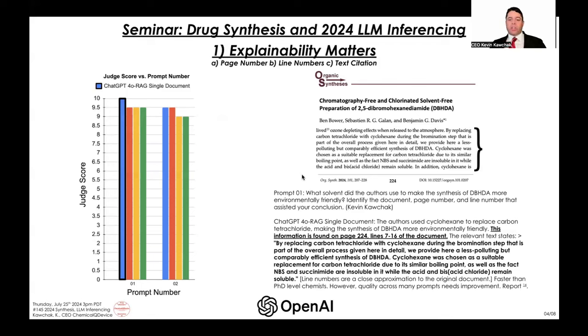So again, you can check in literature too, and these same types of things are happening. I don't know if they've experienced this level of success of explainability with the page number, the line numbers, the text citation, supporting its answer. So I think this is the end goal, right?